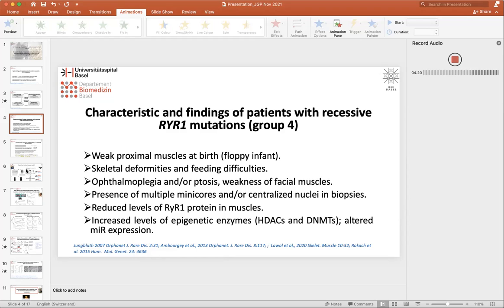They have reduced levels of myanogen receptor protein. And interestingly, they have an increased level of transcript and protein expression of chromatin modifying enzymes, which we call epigenetic enzymes, which are the histone deacetylases, class 2, and DNA methyltransferases. Also, they have alterations in the microRNA expression.